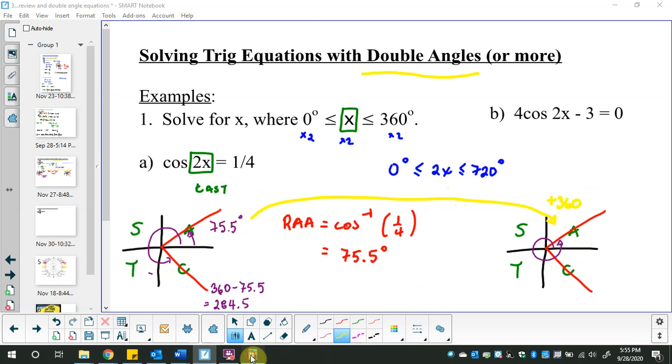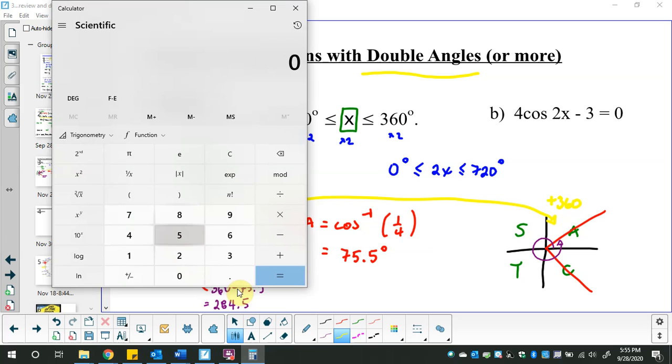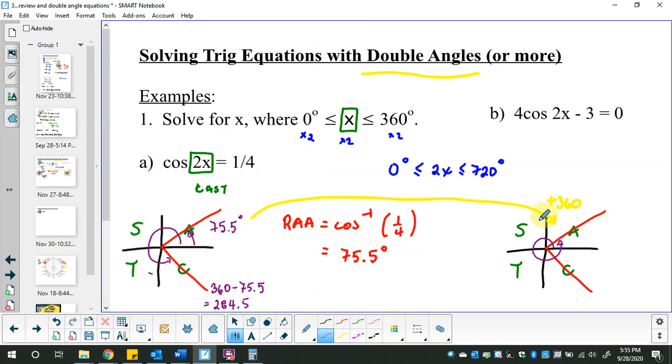So I'm going to do that now. 75.5 plus 360 is equal to 435.5 degrees.